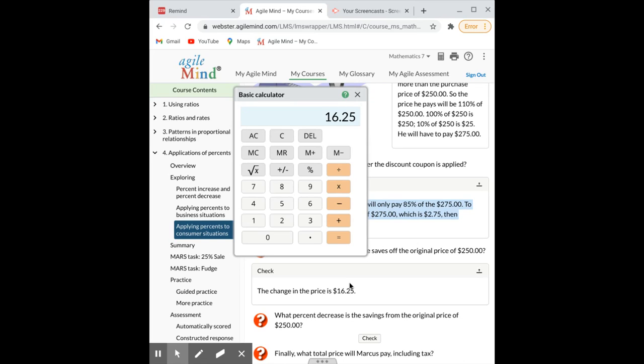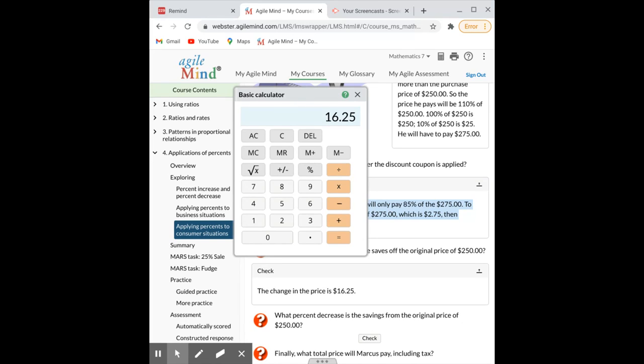So it says, what is the percent decrease from the original price of $250? So remember, how do we find percent? Khalees, do you know? Or do you have a question? No. I know how to find percent. All right, tell me what to do. Multiply by 100. Okay, a lot of times if we're changing a decimal to percent, that works. But right now, we're trying to find the percent of savings, or this percent decrease.